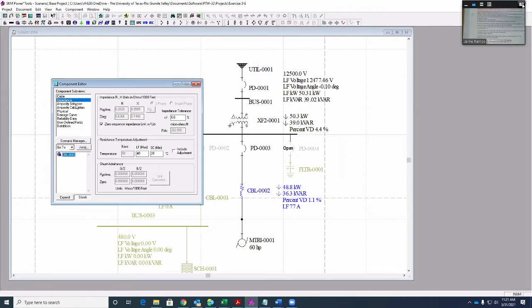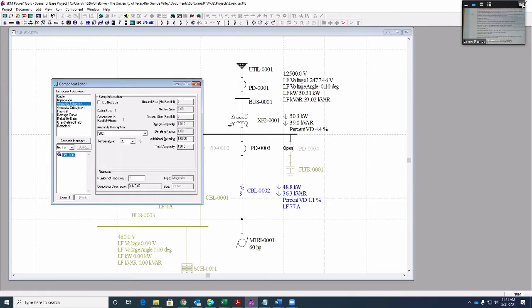Then ampacity selection. It's a 90 degrees cable. The ambient temperature is 30 centigrade. Ampacity calculation, let's see, what's the ampacity? The design ampacity here is 130 amps.